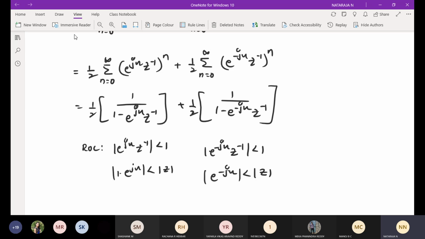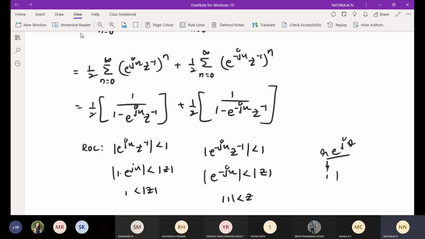So you will get 1 less than magnitude of z. This is the form r e power j theta. Here we consider r for the ROC. r will be 1, so this term becomes 1, based on the condition of the z transform ROC.